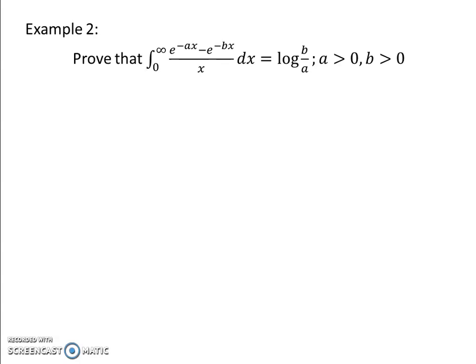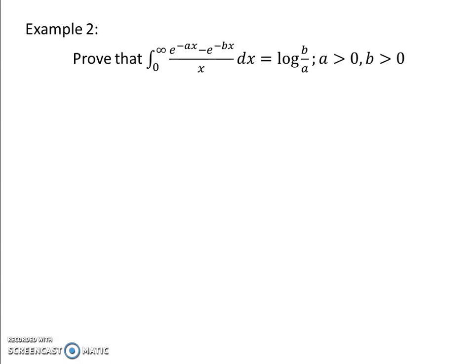Prove that integration 0 to infinity e raised to minus ax minus e raised to minus bx upon x dx equal to log of b upon a. Again, this integration consists of three terms, x, a and b. X is term of integration, so a and b are the parameters.